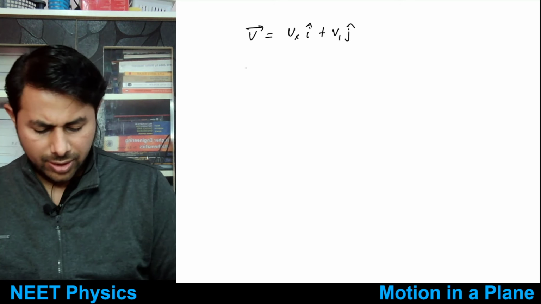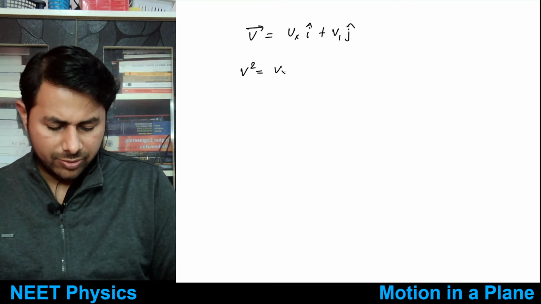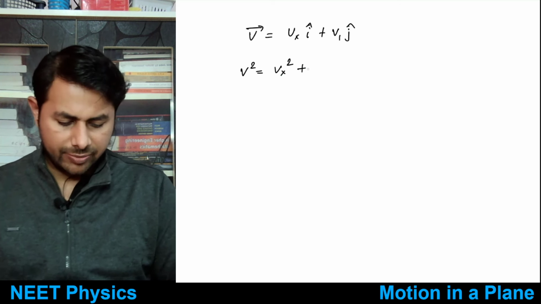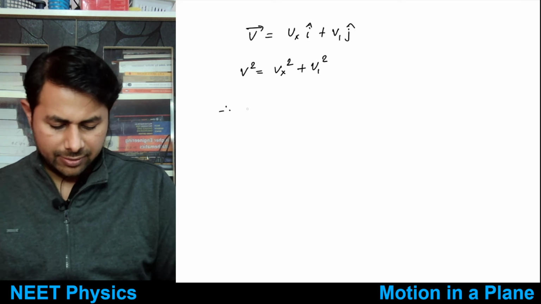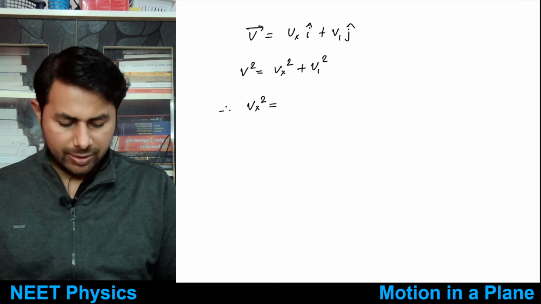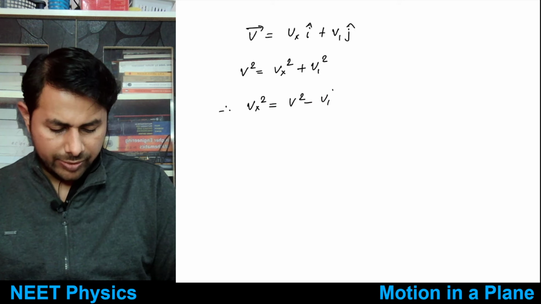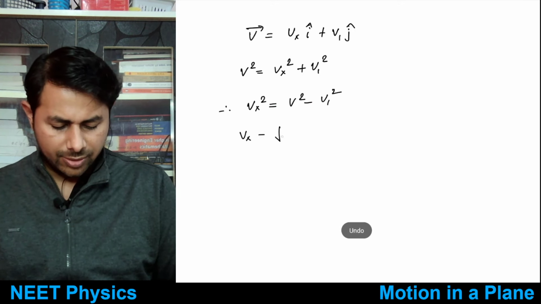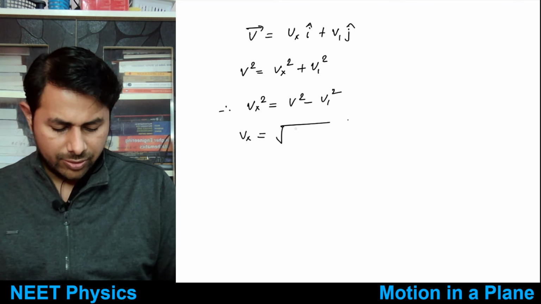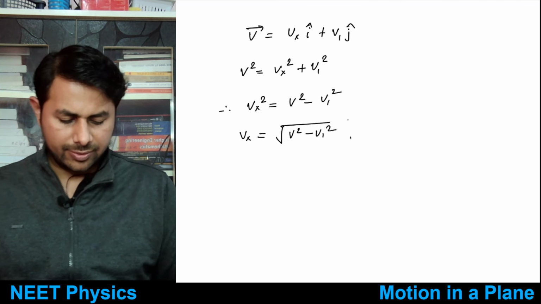Therefore v square is equal to Vx square plus v1 square, and from there Vx square is equal to v square minus v1 square, so Vx is the square root of v square minus v1 square.